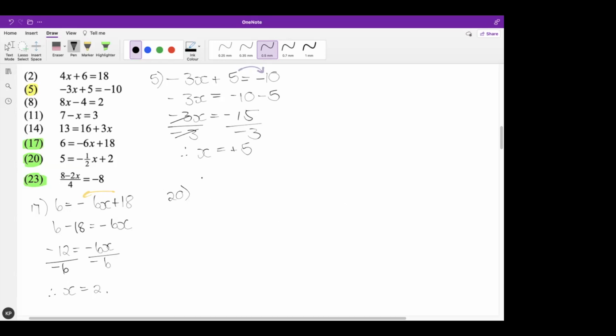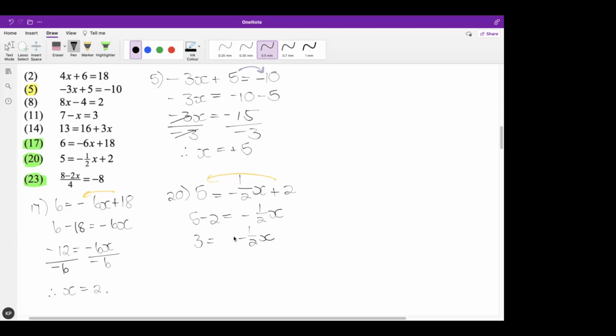Let's go to number 20. Number 20 says 5 is equal to negative a half x plus 2. Once again, 2 needs to go, right? So then 5 minus 2 this time is equal to negative a half x. 5 minus 2 is 3 is equal to negative 1 over 2 x.